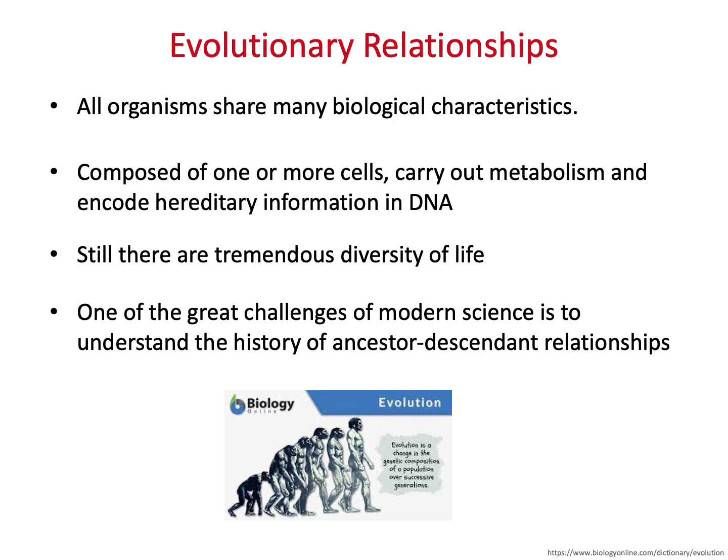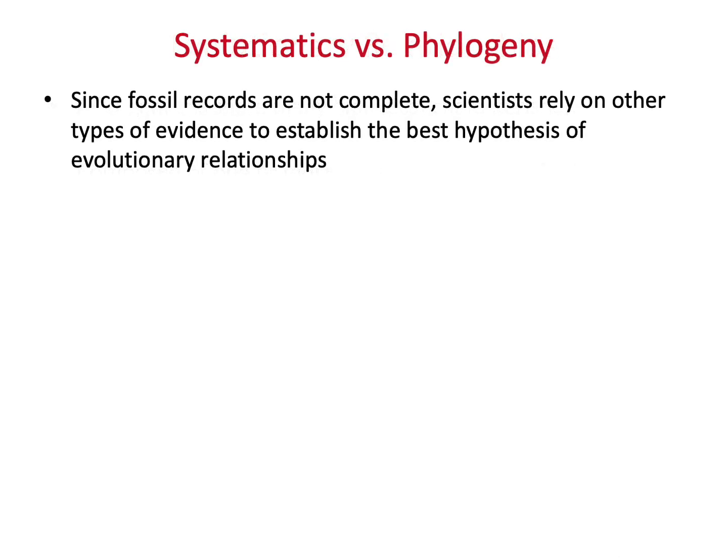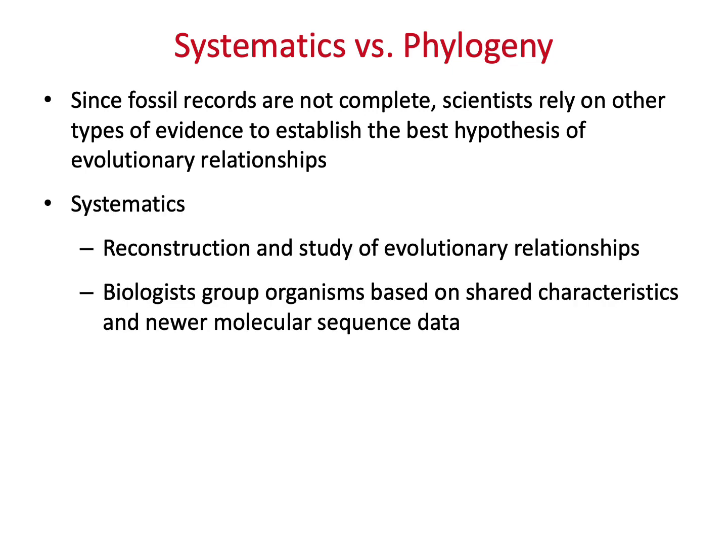We call these hypotheses because they can be tested based on the evidence that we have, and when new evidence becomes available, they can be proved wrong and new hypotheses can be developed based on the new evidence, and these also are open to be tested.